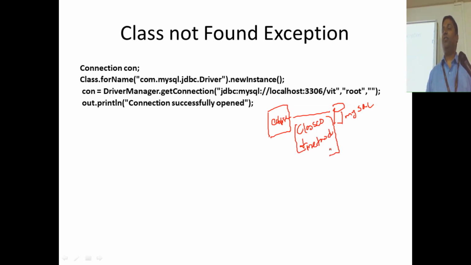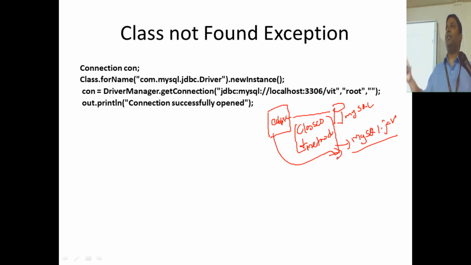And these classes are located in your mysql.jar file. So you have to configure your Eclipse so that it can add this external jar. You should download mysql.jar and add it to Eclipse so that all the available classes will be there so that you can connect to your MySQL database.